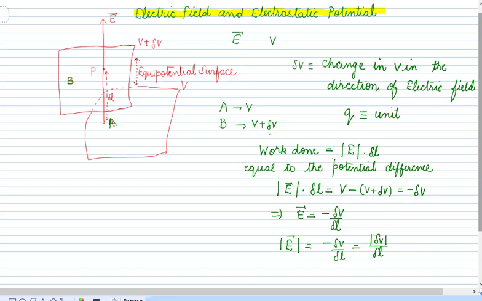So E is equal to minus dV upon dl. That is the relation we have to remember throughout.